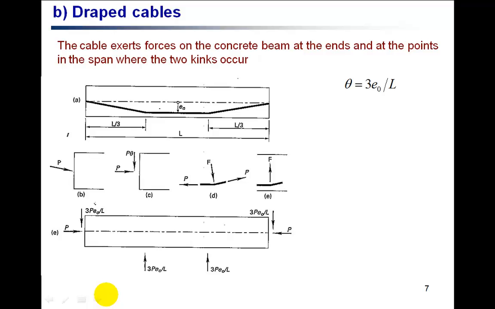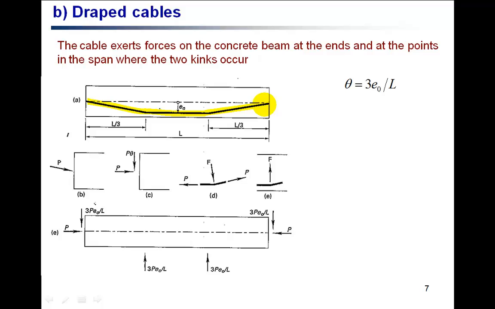Now if we have a cable arranged in the profile as shown here, let's see how the forces will be transferred to the concrete.